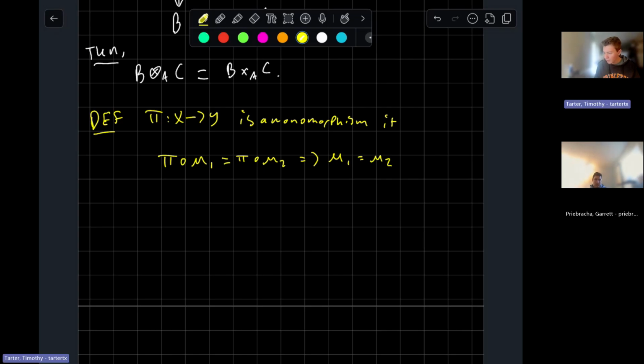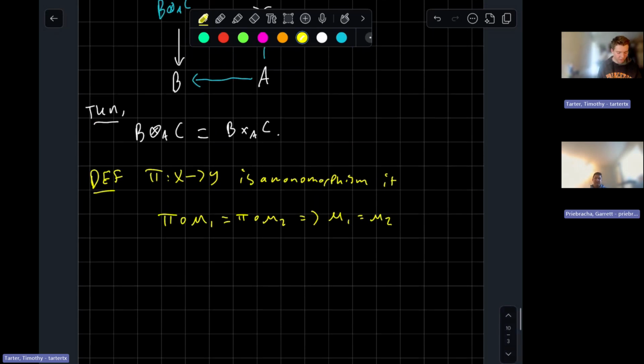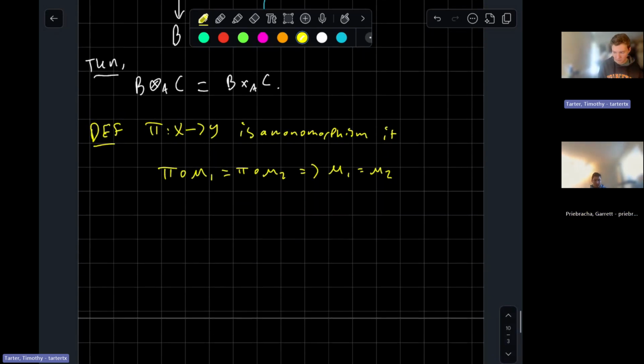And then an epimorphism is the dual of this.